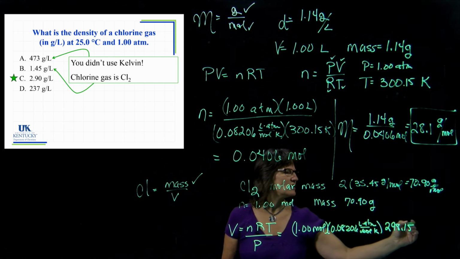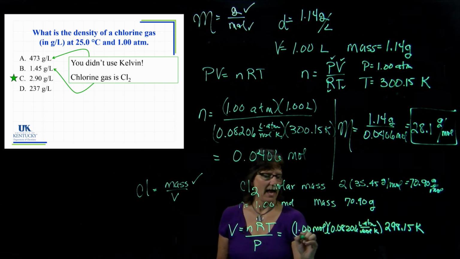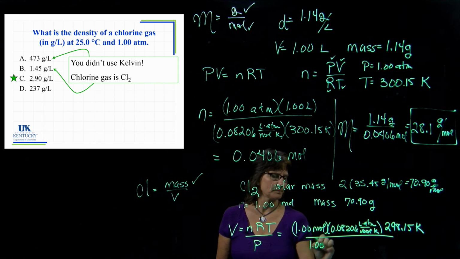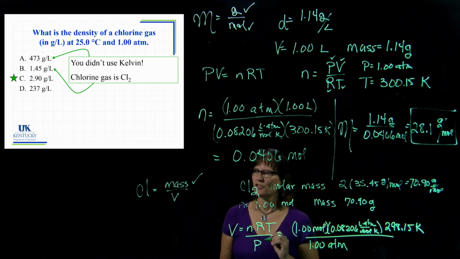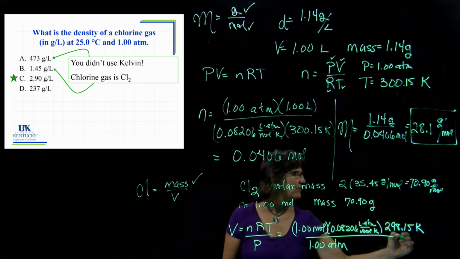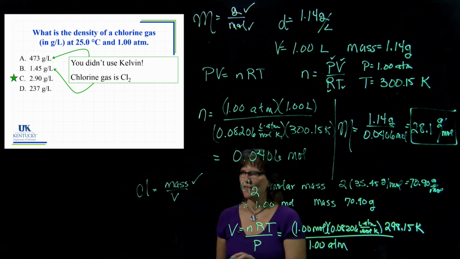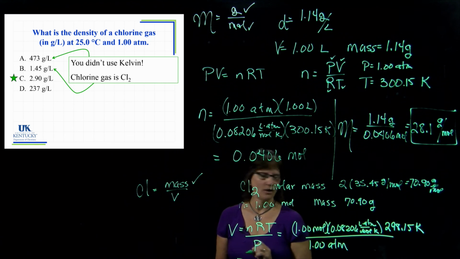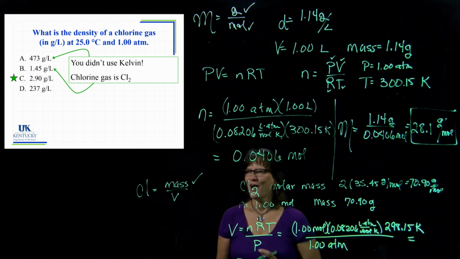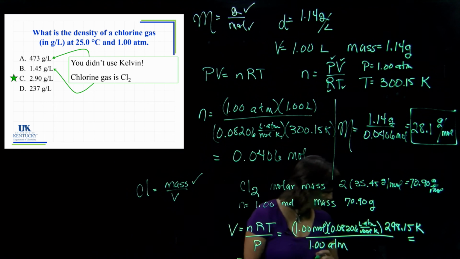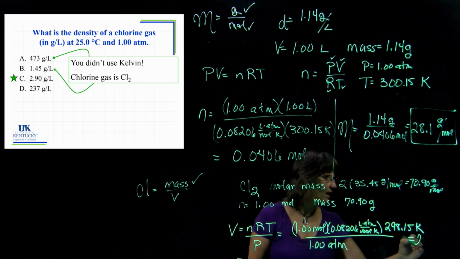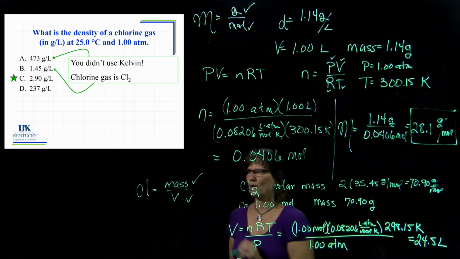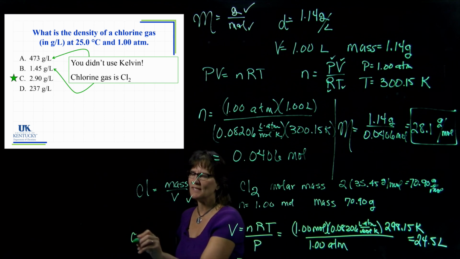Go ahead and carry extra sig figs. That's in Kelvin. And divide by the pressure. They tell me it's at 1 atmosphere. So now I've got all that I need in there, and that's going to give me the volume equal to, let's see if I can fit it on here and you all can see it. No, you can't see it there, so let me put it over here. Volume is equal to, in this case, 24.5 liters.